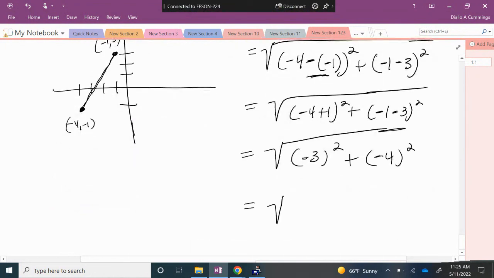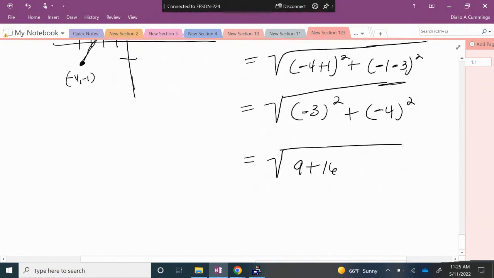So I'm going to bring down my equal and bring down my square root. A -3 times a -3 gives me a +9, plus -4 squared is 16. 9 plus 16 is 25, and the square root of 25 is 5.